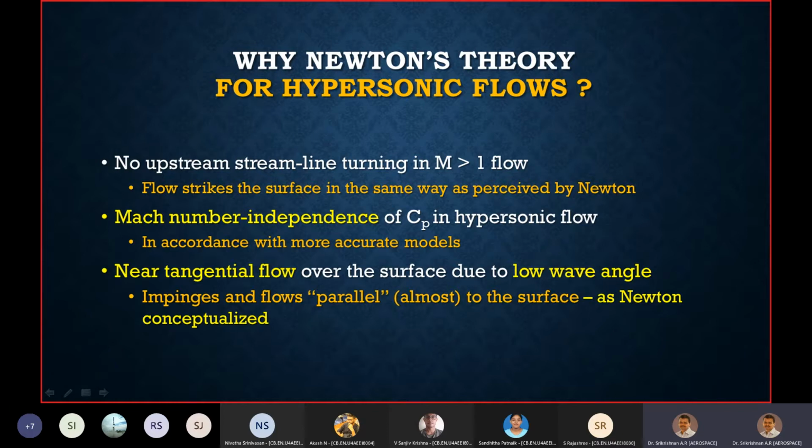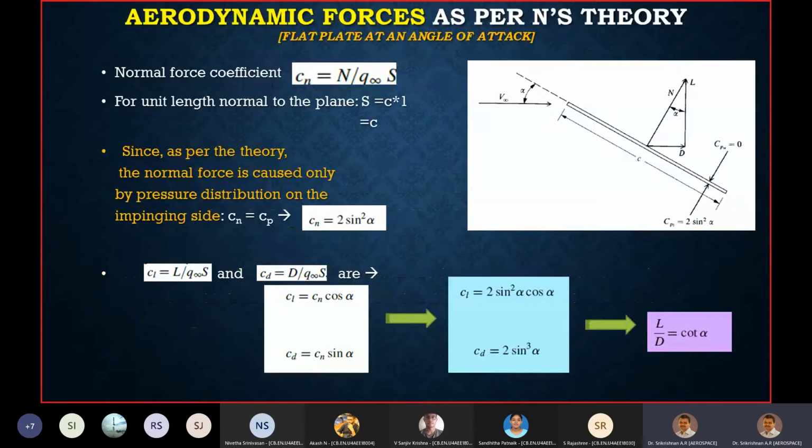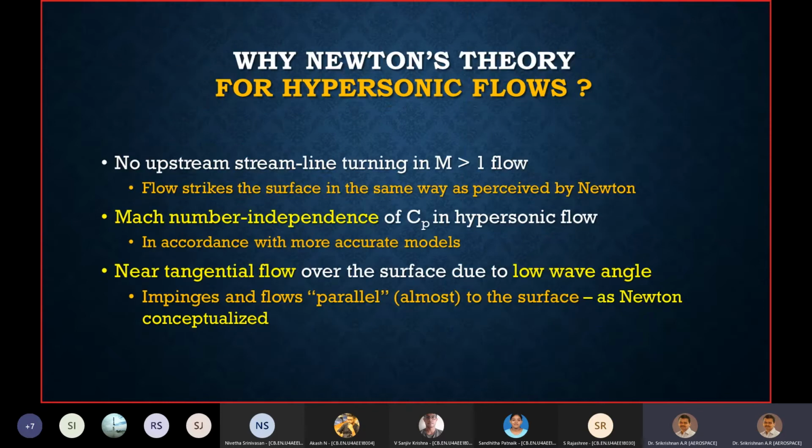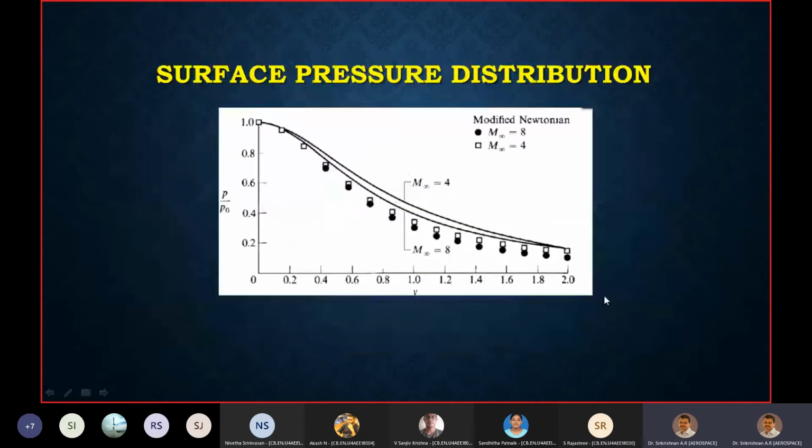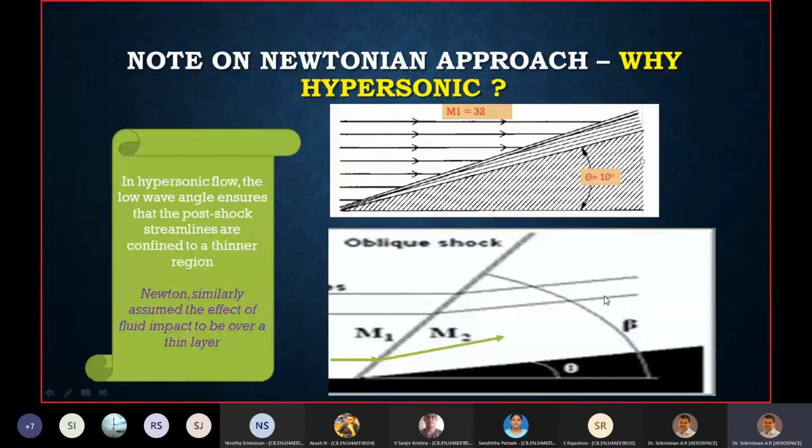So that makes the flow parallel to the surface. I'll try to explain the last point, the near tangential flow over a surface.